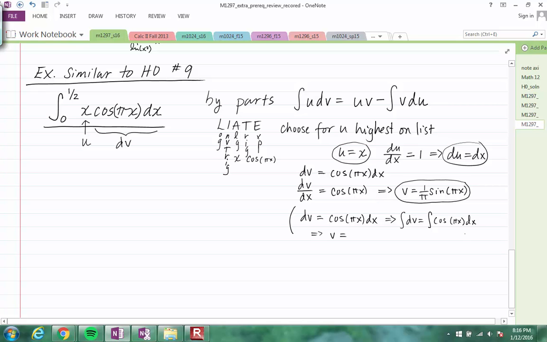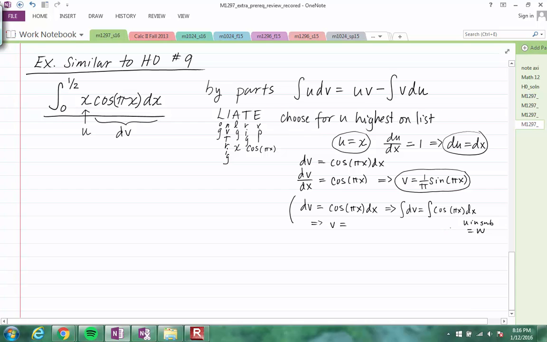So I'm going to let the u in substitution equal w, just so we can avoid someone looking at the notes out of context and being confused by that. So I'm going to use w instead of u. So if I let my w, which is like the u in substitution, be pi x.